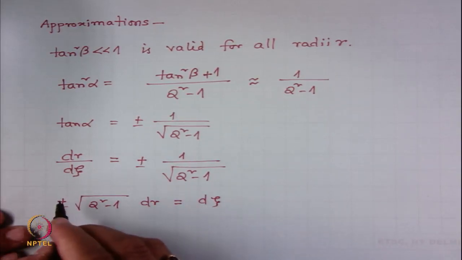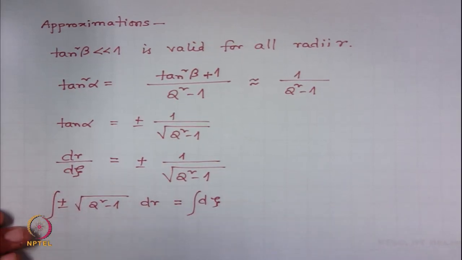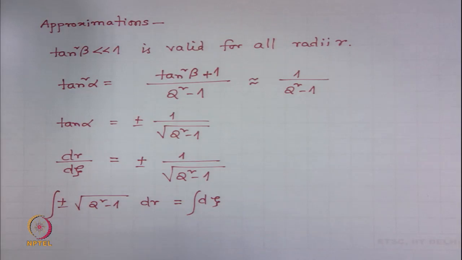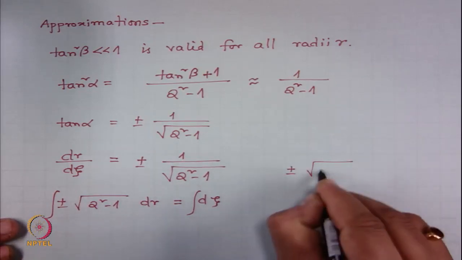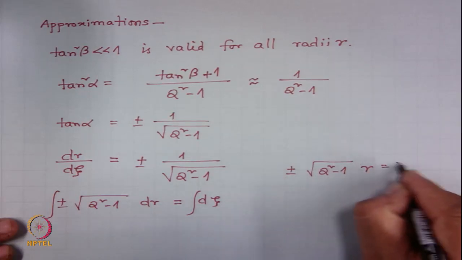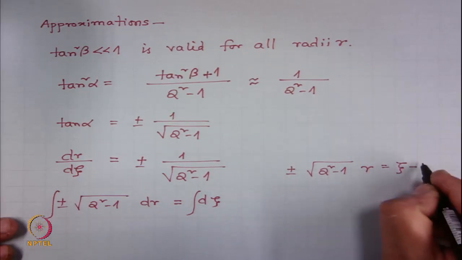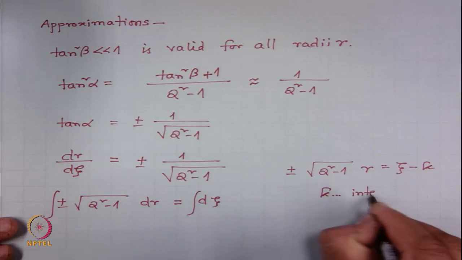If we integrate this expression, we will write plus minus root over q square minus 1 into r is equal to zeta minus k, where small k is the integral constant.